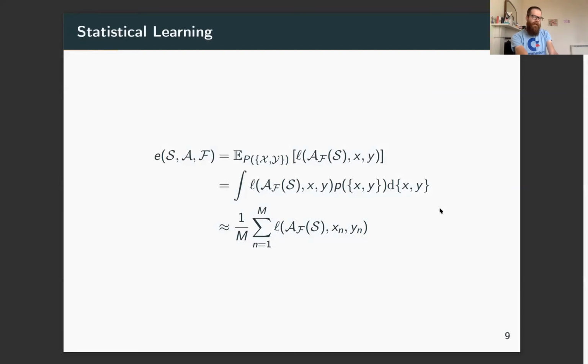Now, as I don't have access to P, what I have to do is take an empirical estimate of this. So I take the data that I actually have and evaluate it under the loss. And now this is when things become tricky, because I can come up with a hypothesis, for example, that gives me a zero error on the data that I have, but is arbitrarily bad on everything else.